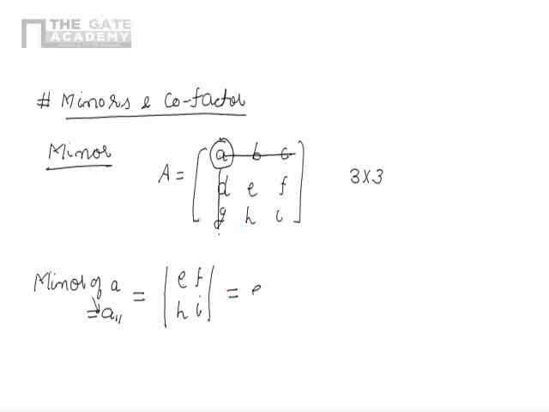This determinant will be EI minus F into H. So this is called the minor of A11.